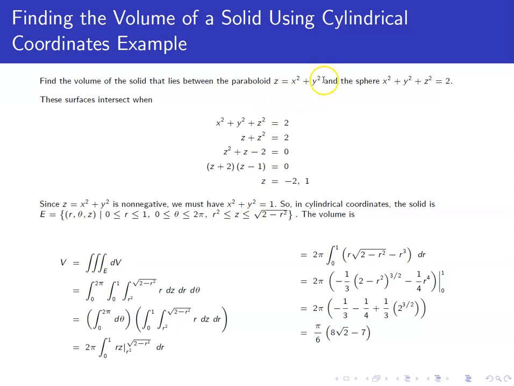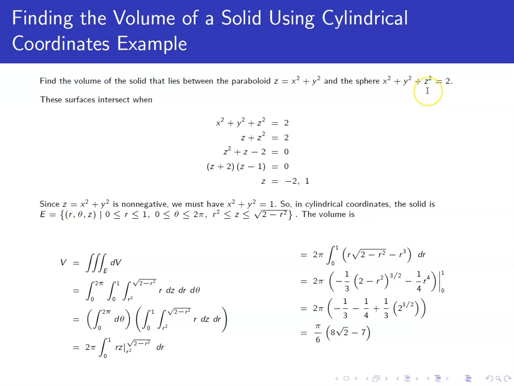If we look at this equation here, z equals x squared plus y squared, notice that this piece is actually going to be smaller for a while than this piece here. So we're looking between x squared plus y squared as our lower bound for our surface and x squared plus y squared plus z squared as our upper bound.